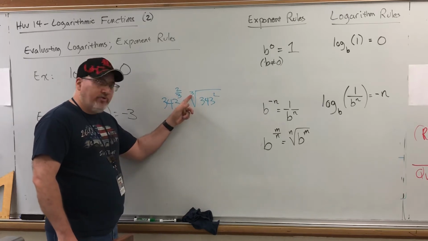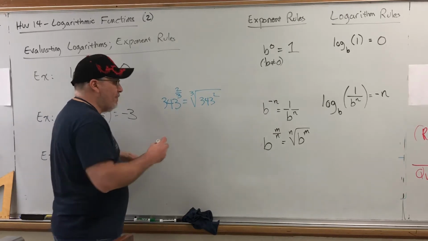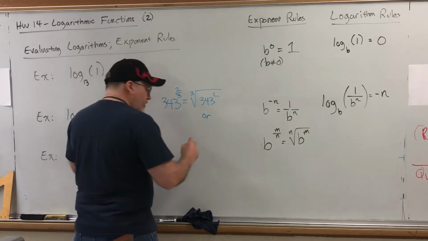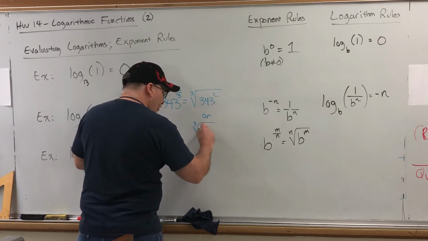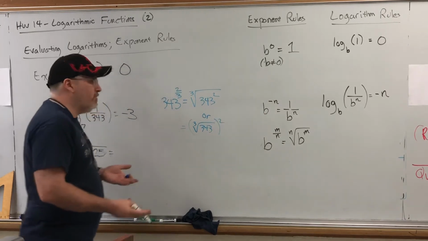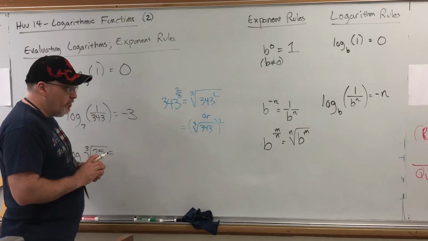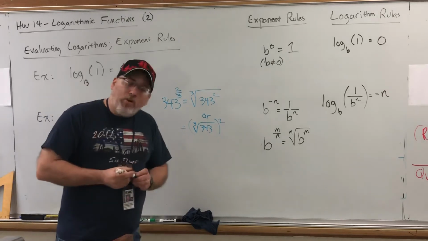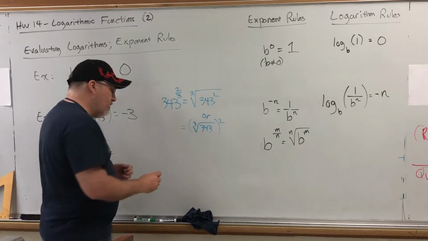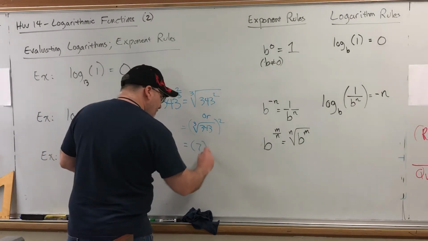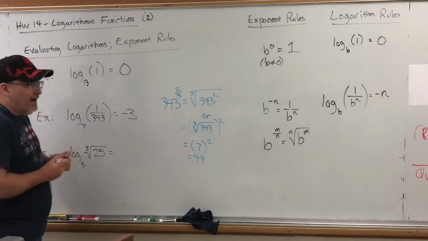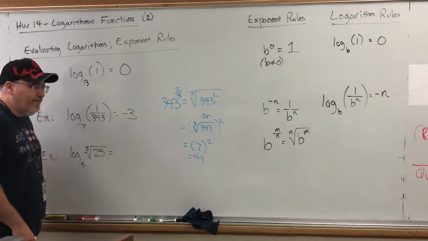That's what you call this little number, but it doesn't matter which one happens first. So you could do the cube root of 343, then square it, or you could do the cube root of 343 squared. Either one of those would be correct. Do you know the cube root of 343? Do you know what number you multiply 3 times in a row to get 343? Hopefully by now you know it's 7. And then 7 squared is 49.